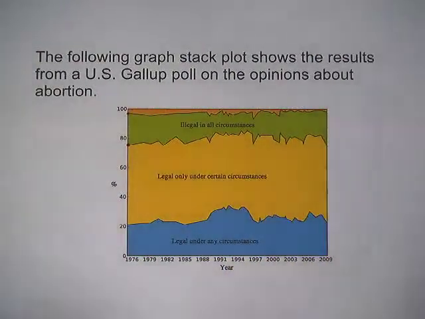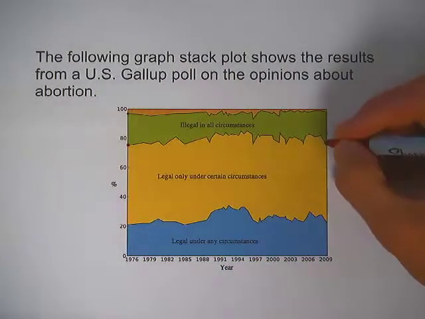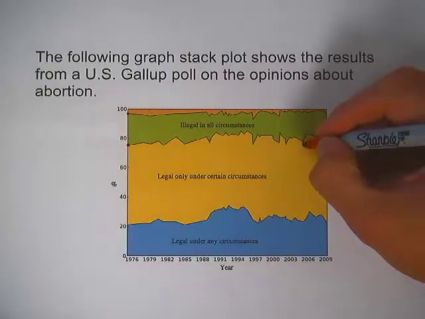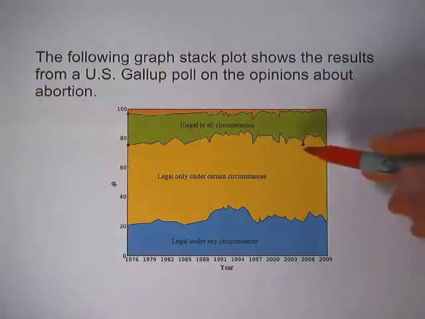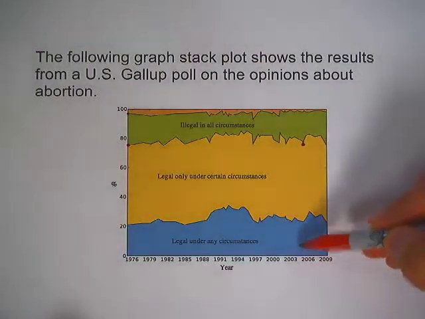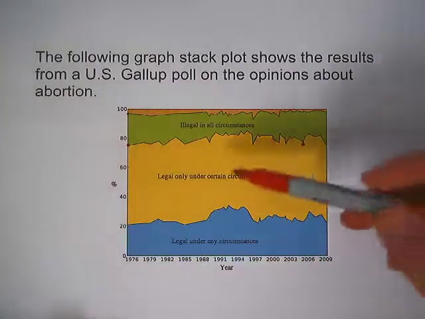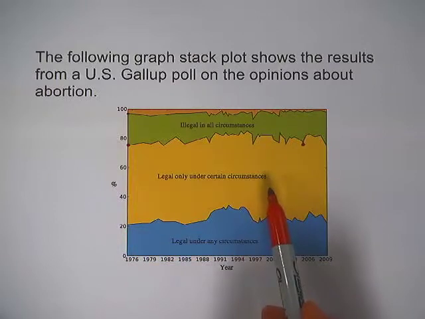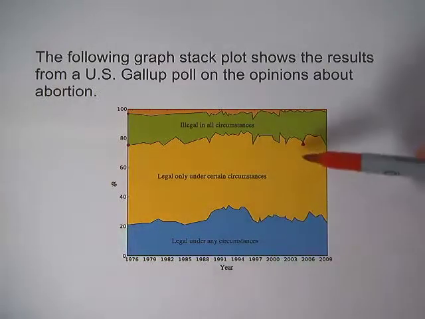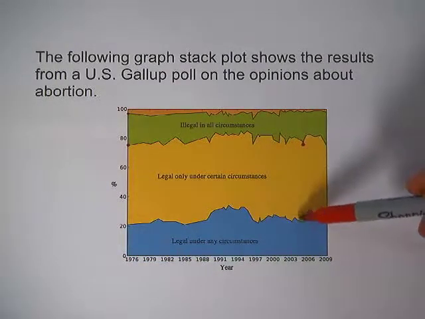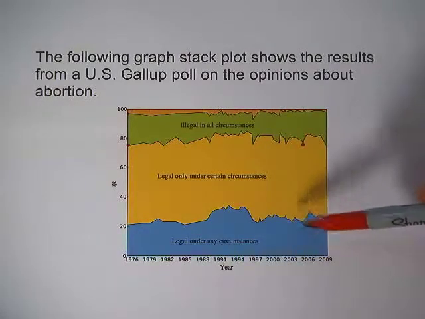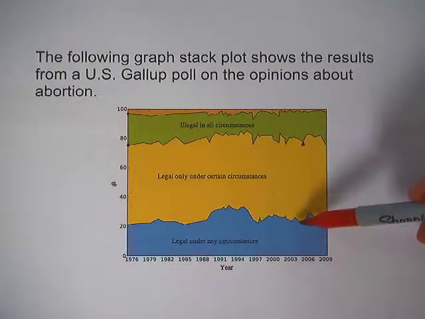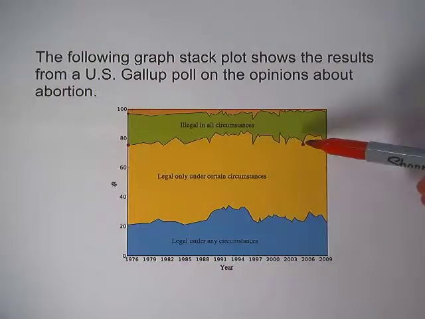So again, going back to this example, if we're looking at this piece of data here, that doesn't mean that in 2004, about 75% of people thought it was legal under certain circumstances. Remember, in order to actually figure that out, you have to figure out what this vertical height is from 2004 here up to here.